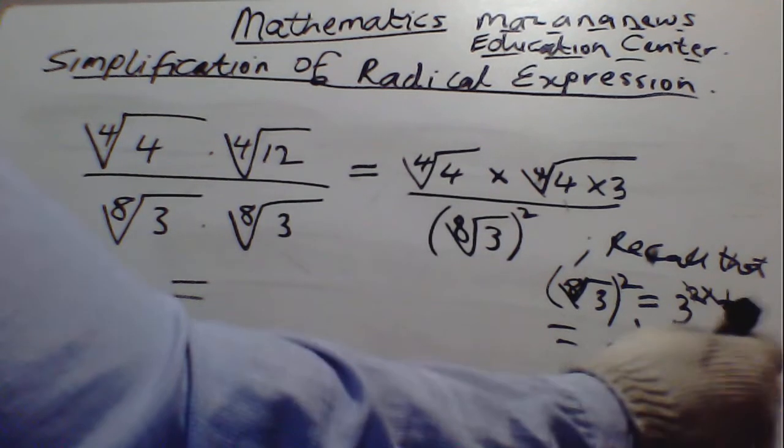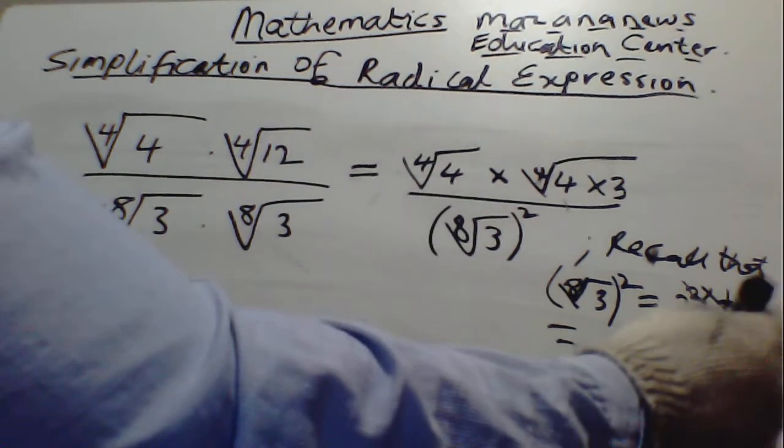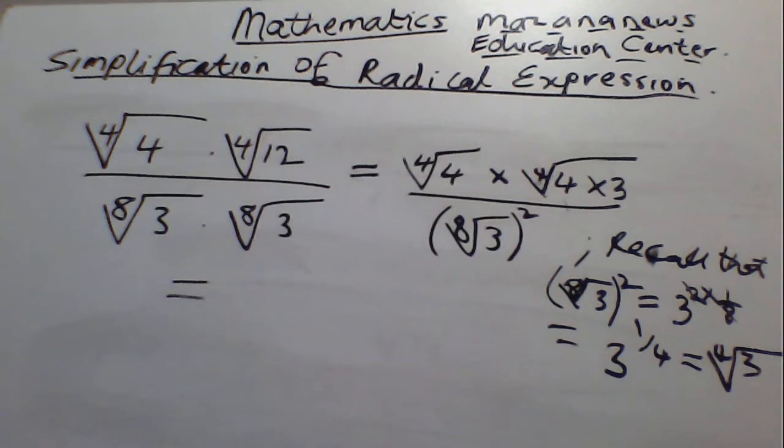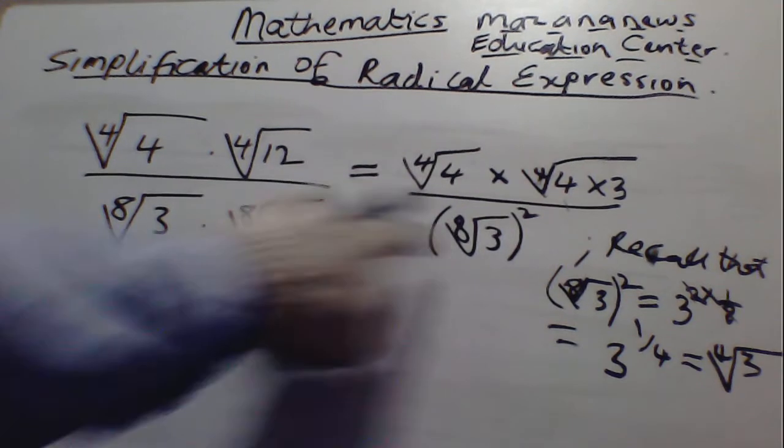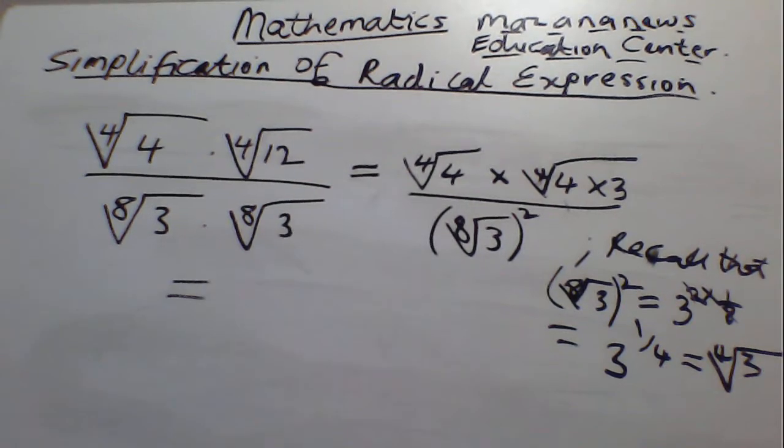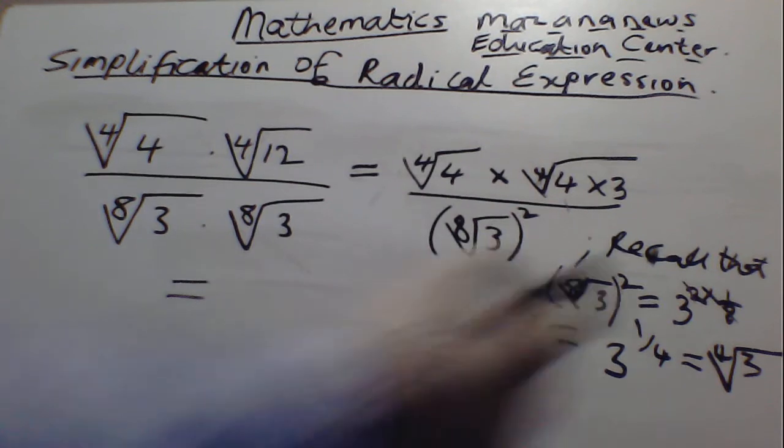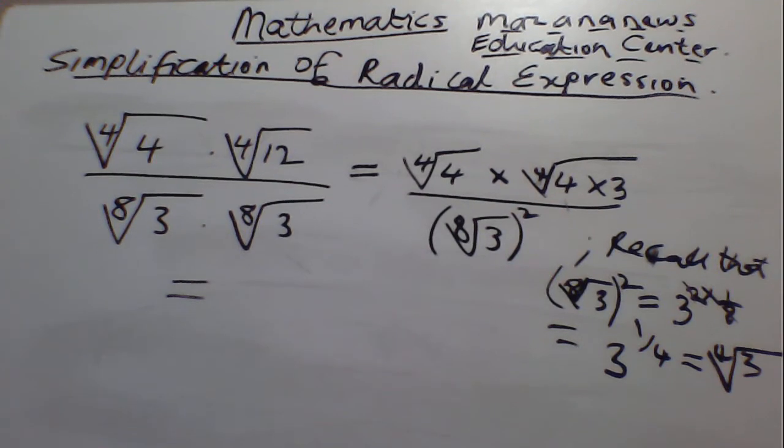And this is the same as if you put it in radical form. So we bring it here, we can replace the 8th root of 3 squared with the 4th root of 3.